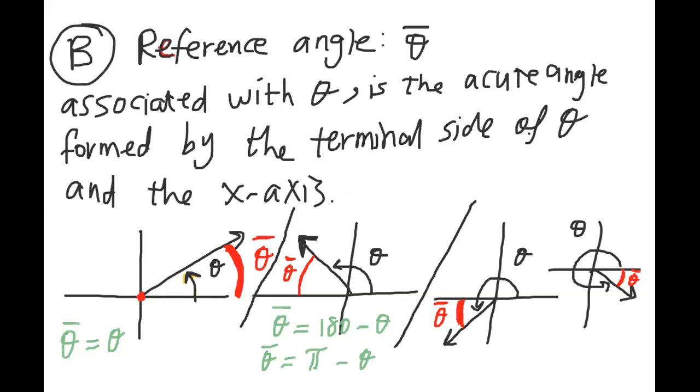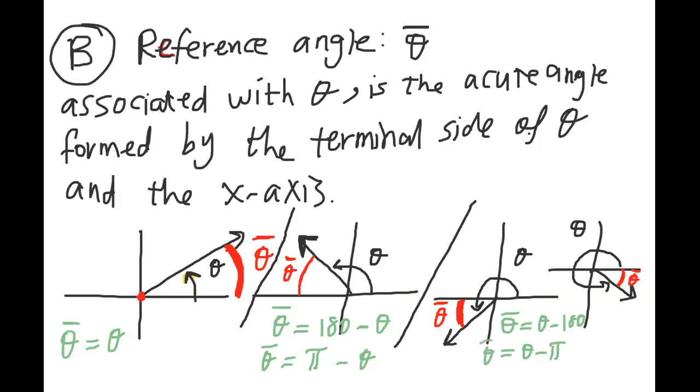For the third quadrant, theta reference is equal to the original theta minus 180, which means theta minus pi.